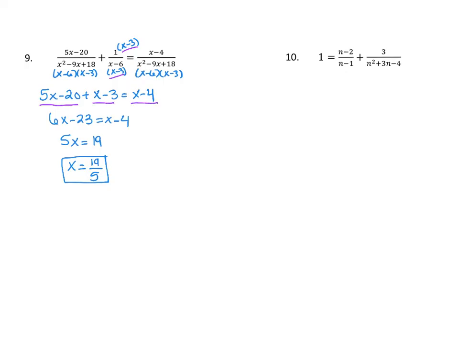Because once all my denominators are the same, I can just focus on solving the numerator. So when I solve that, I got an answer of 19 over 5. Now, keep in mind, what are my excluded values? x cannot equal 6, and x cannot equal 3. So since neither of my excluded values are one of my solutions, 19 over 5 works.